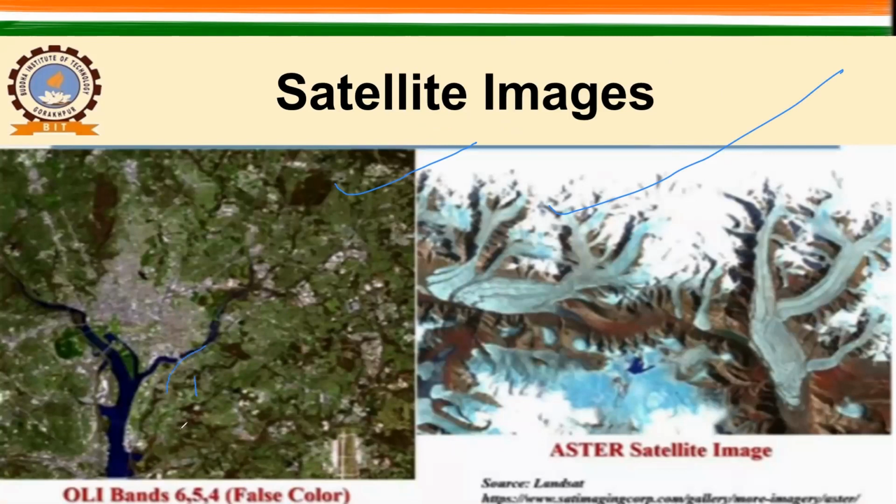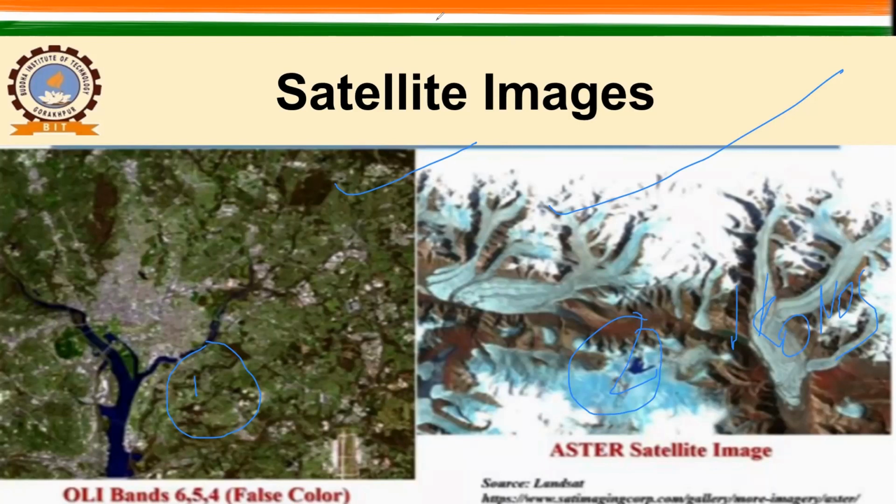On the right hand side is the Aster satellite image, where you can see some glaciers, and this is an example of IKONOS data. Okay.